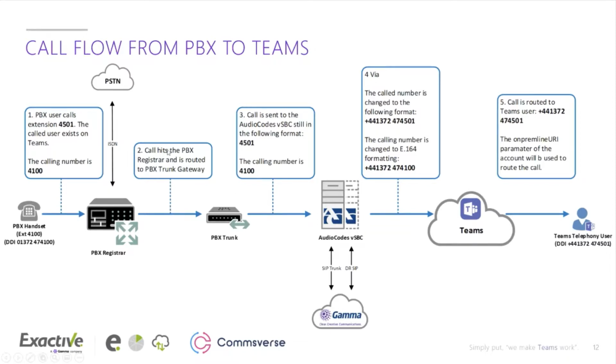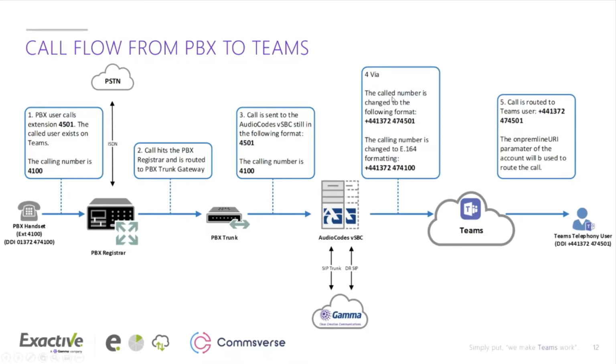So the call hits the PBX registrar and is routed to the PBX gateway. And then from that, the routing will say the call should go to the virtual SBC further down the line. So further down the line, again, the call is 4501, calling is 4100. And again, at the virtual SBC we put in place, this is where the magic happens. So we're taking the 4-digit dial from the PBX and transforming it to what Teams understands, which is full E164 format.